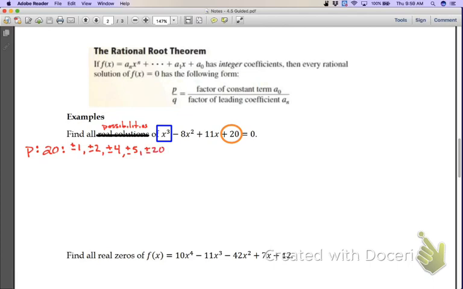Or just write it in order. As far as the possibilities, you will always have a plus or a minus value, because even if the constant is negative, I can still take a positive and a negative number and multiply those together to get a negative constant value.